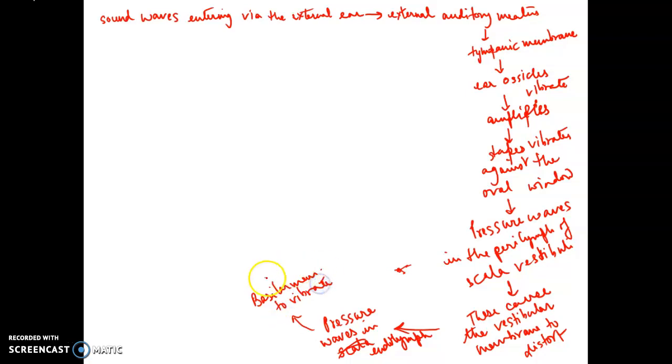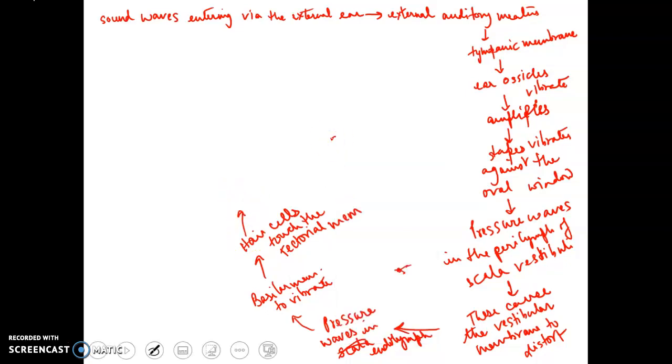As there is vibration in the basilar membrane, hair cells touch the tectorial membrane, and touching the tectorial membrane, the hair cells bend.